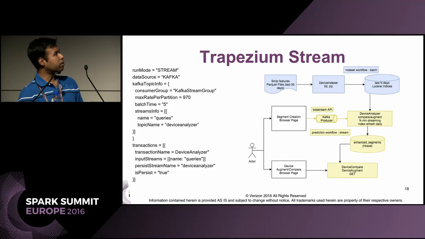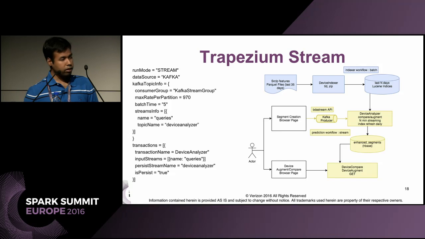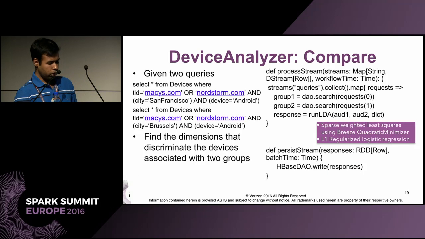And since it's Kafka, you give your Kafka topic details in configuration, and you again give a transaction, which is the device analyzer, the name of it, and this is your core business logic. Now the business logic implementation of the streaming flow for compare, right? Let's see what a compare is. The compare problem is basically that you have been given query 1 and query 2.